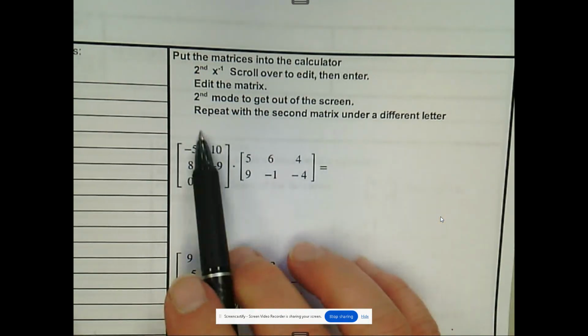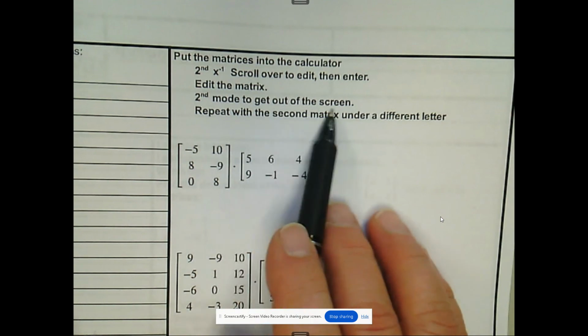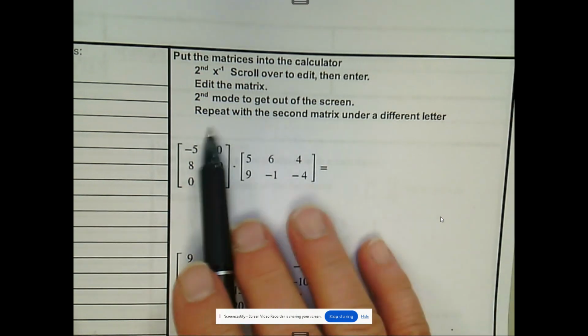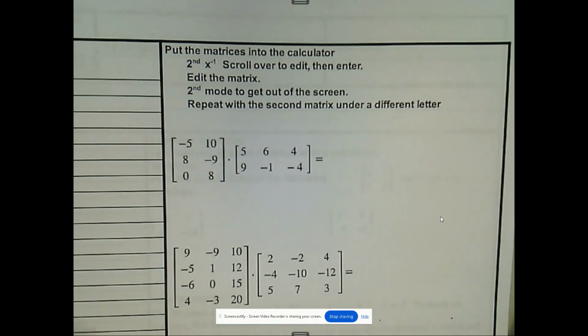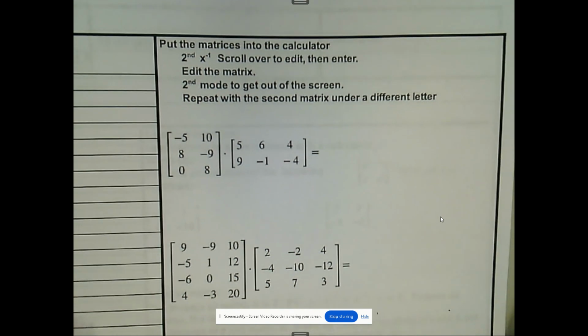In between each, you've got to hit that second and then the mode button to get out of the screen. You do the same thing over and over until you get the matrices that you want in. You can use the same letters all the time, or you can put in multiple matrices by just going down past B to C, D, E, F, and so forth.